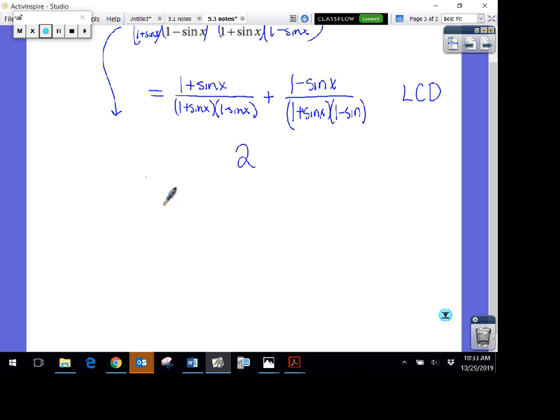That gives me 2 over 1 plus sine x, 1 minus sine x. What did I do? I added and I subtracted. 1 plus 1 was add, sine minus sine was subtract. Just add or just subtract is fine, because adding a negative, plus a positive, all of that, you just say add or just say subtract. Add and subtract are pretty much interchangeable.